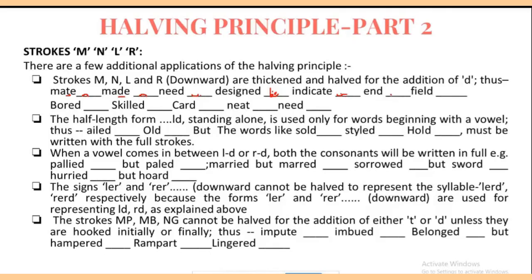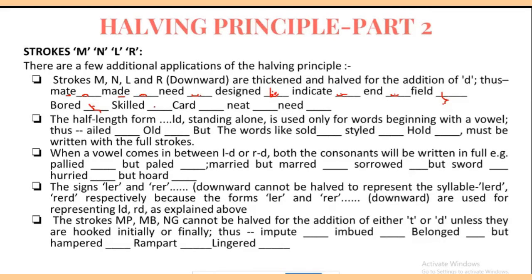And N is thickened and half for the addition of D. Field, and L downward and thickened. Board, B and R thickened for the addition of D.